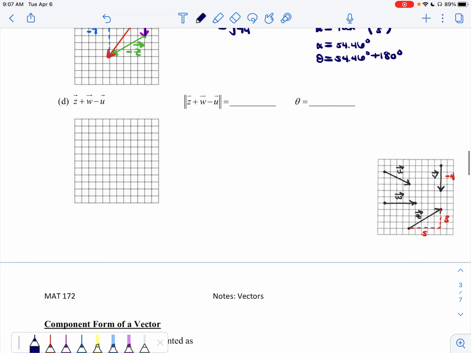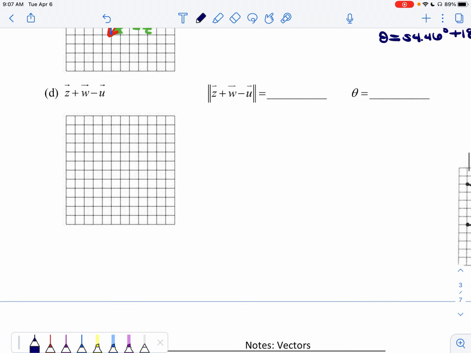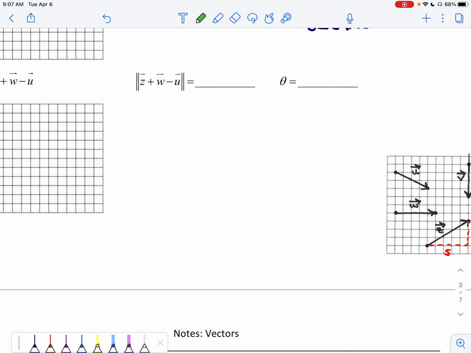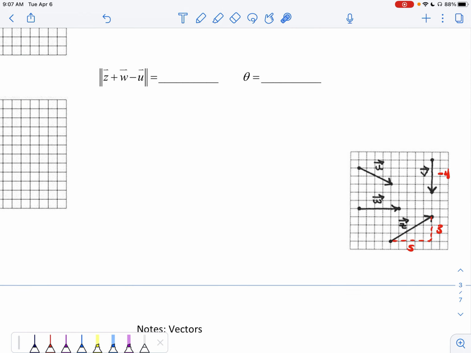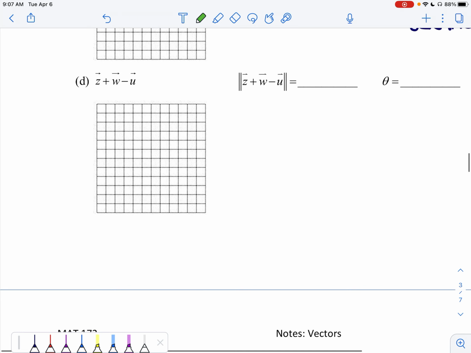Okay, so the last one here, we're looking at z plus w minus u. Okay, all right, so again, using our tip to tail method to add and subtract these vectors together. All right, so starting off with our vector z, which again was 5 right, 3 up. So just pick a spot to start. We're going 1, 2, 3, 4, 5 right, and 3 up.